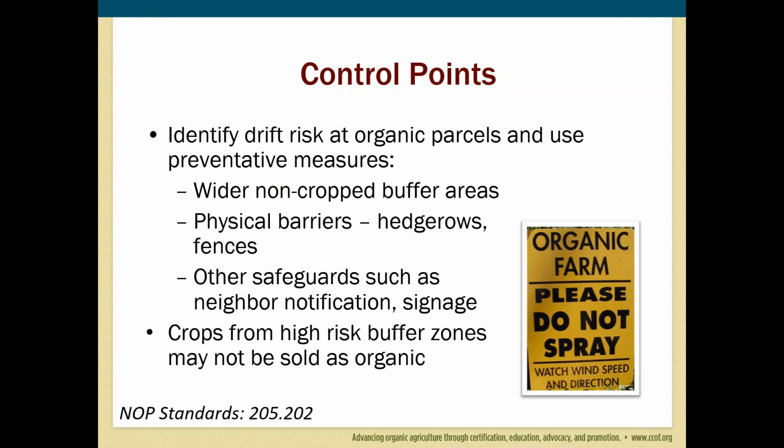As the farmer, your responsibility is to evaluate what's going on, establish what you believe to be sufficient buffer zones, and then during the certification process that will be evaluated, and you may be asked to modify your buffer management practices, or they might be confirmed to be sufficient. So it's a team effort.